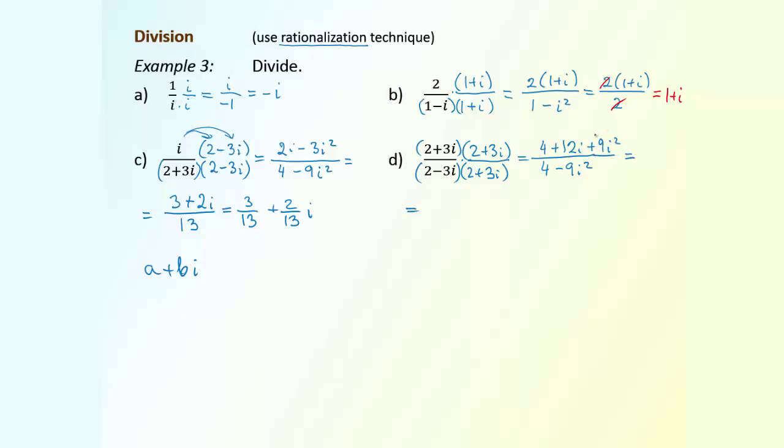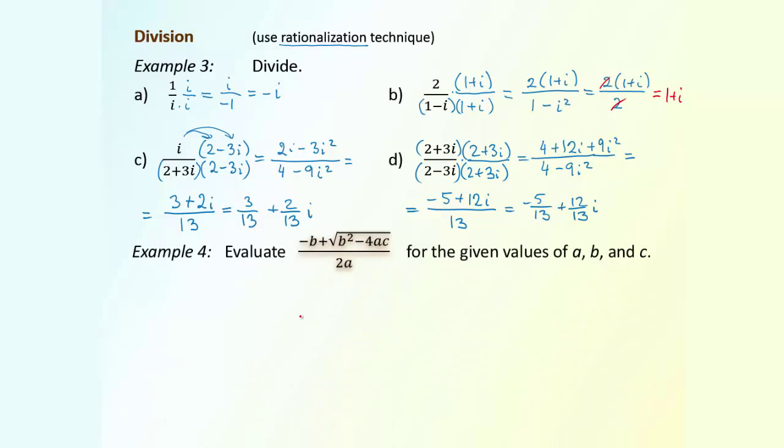The plus 9i squared gives me -9, plus 4 is -5, plus 12i, and the denominator becomes 9 plus 4, which is 13. Again, we can split it into -5/13 plus 12/13 i.